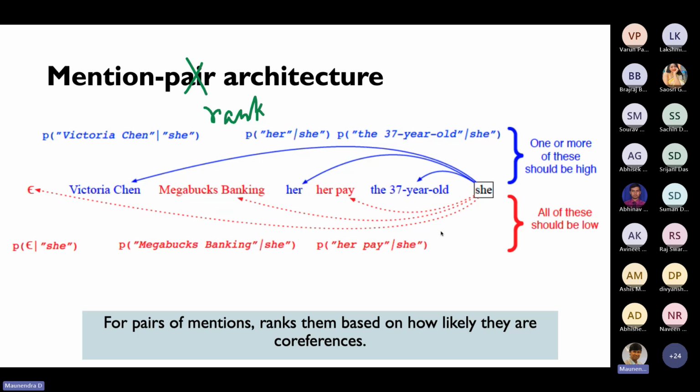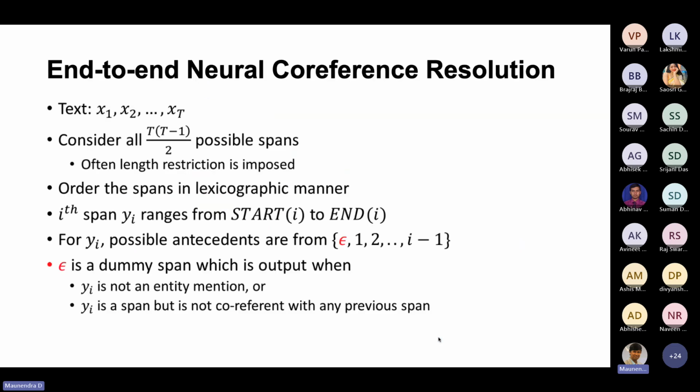You incorporate this in your learning process, in your loss function. So for a pair of mentions, it ranks them based on how likely they are to be coreferences. Finally it gives an ordering, and the loss function is defined accordingly. We'll look at neural algorithms for that.